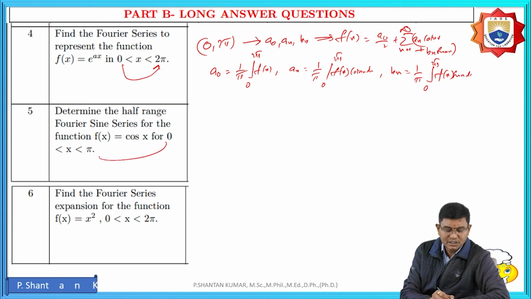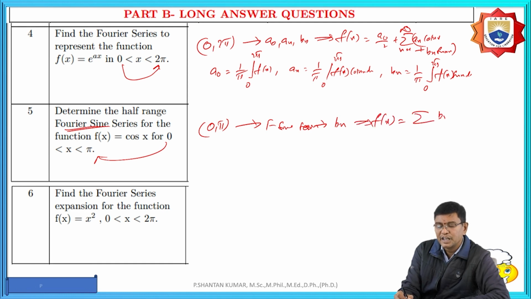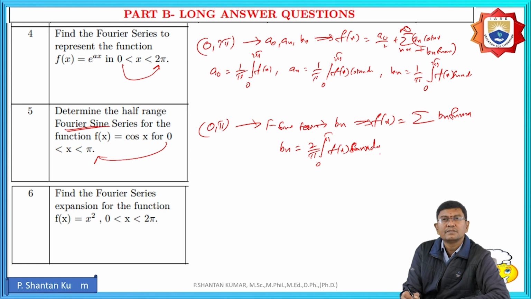And next one, 0 to pi. Here the problem is asking particularly for a Fourier sine series. For the Fourier sine series, we calculate bn. The value is f of x equal to summation bn sin nx, where bn is 2 by pi integration 0 to pi f of x into sin nx dx.